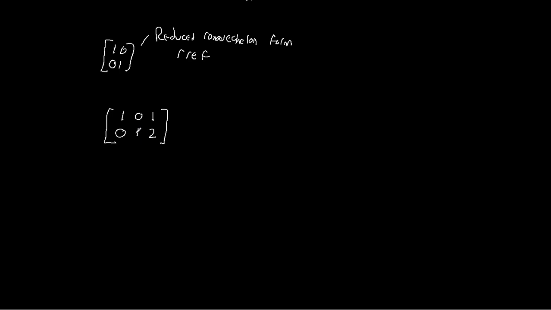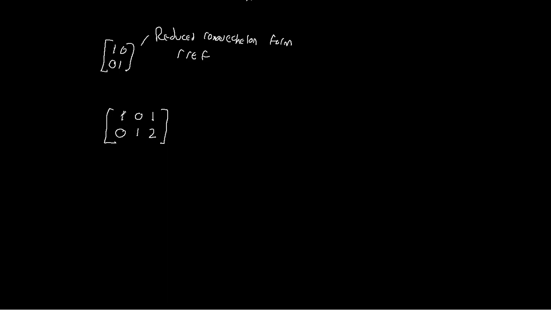We're good there. Each leading 1 comes to the right of the leading 1 before it. Again, this leading 1 is here, so the next one has to be somewhere to the right, which it is, so we're good there. All rows of zeros are at the bottom. Again, we don't have any rows of zeros, so we're good there.